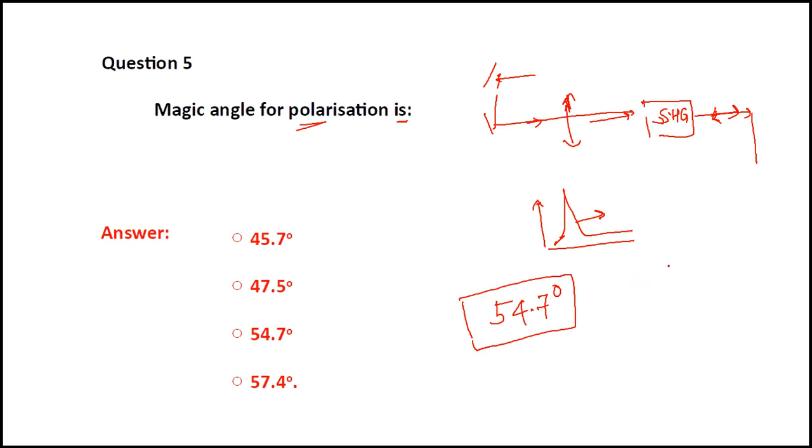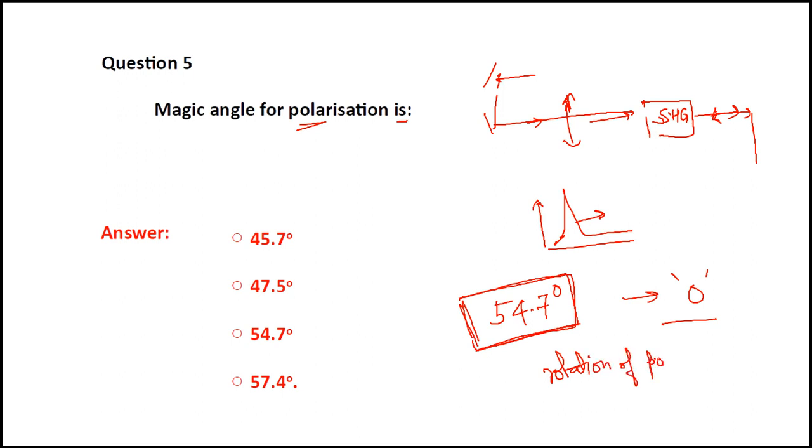Now what I can say is that the change in the polarization is minimized to zero at this particular angle, and therefore the problems or the deviations from the actual reading which happen because of the rotation in polarization are minimized.